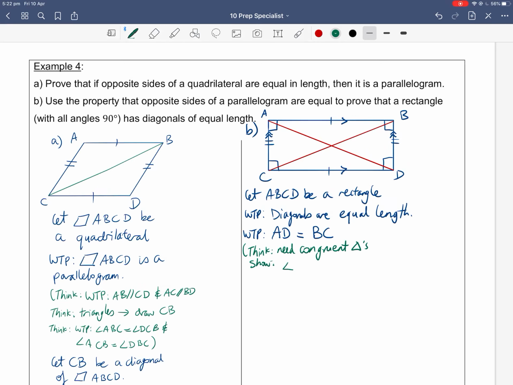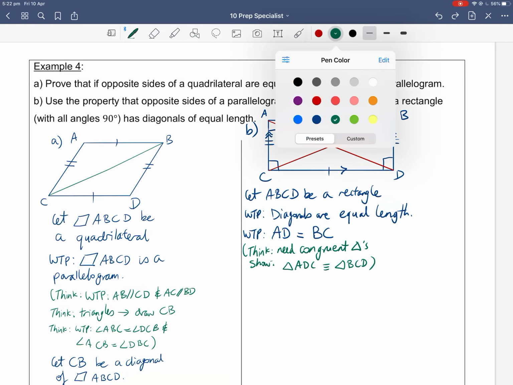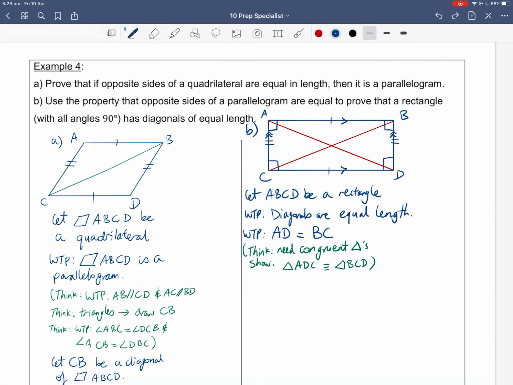Specifically, if we can show that triangle ADC is congruent to triangle BCD, right? ADC is the blue triangle versus BCD is the yellow triangle. If I can prove that these two triangles are congruent, then AD is the same length as BC because of congruence. So that's our goal. So let's do it.